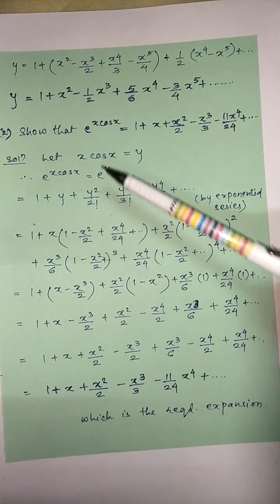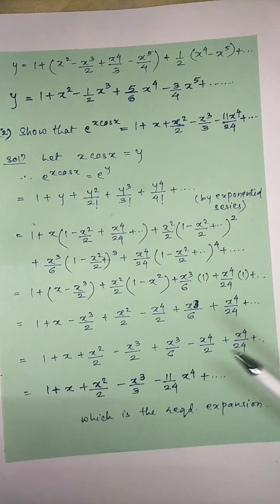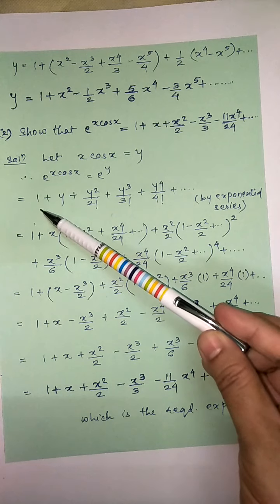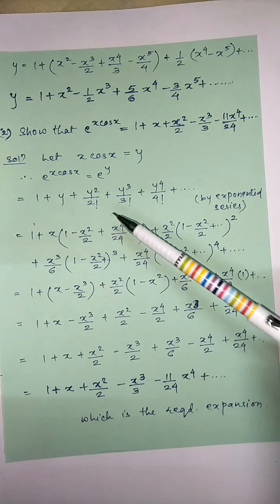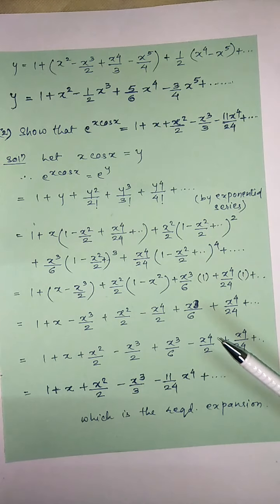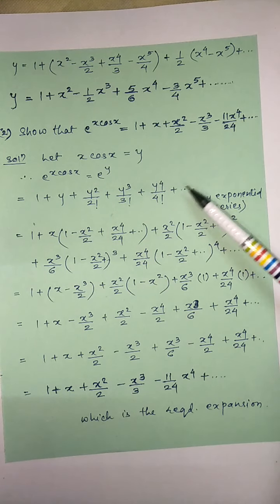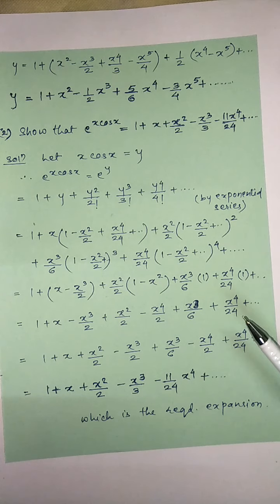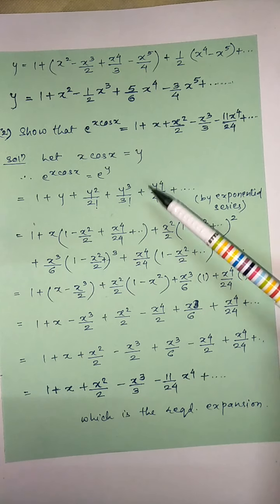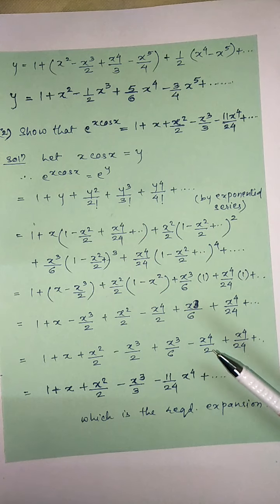So for e raised to y, we will substitute that expansion, and we will have it as 1 plus y square upon 2 factorial plus y cube upon 3 factorial plus y raised to 4 upon 4 factorial plus it will continue.